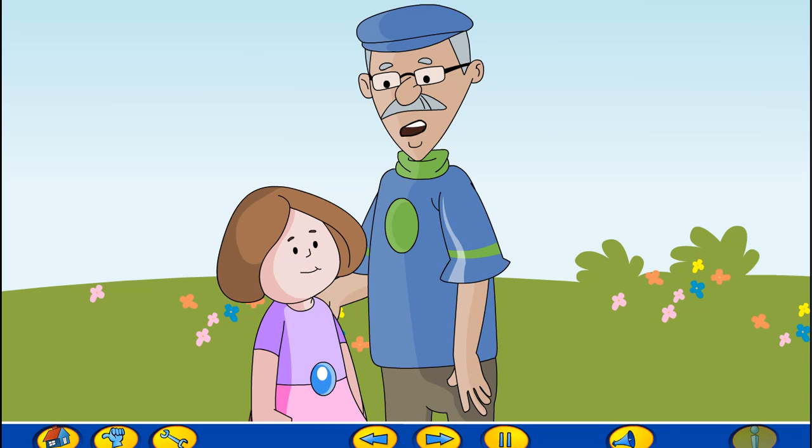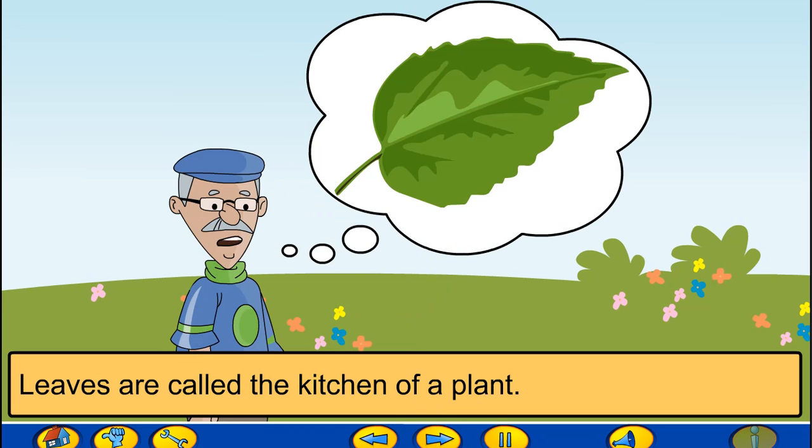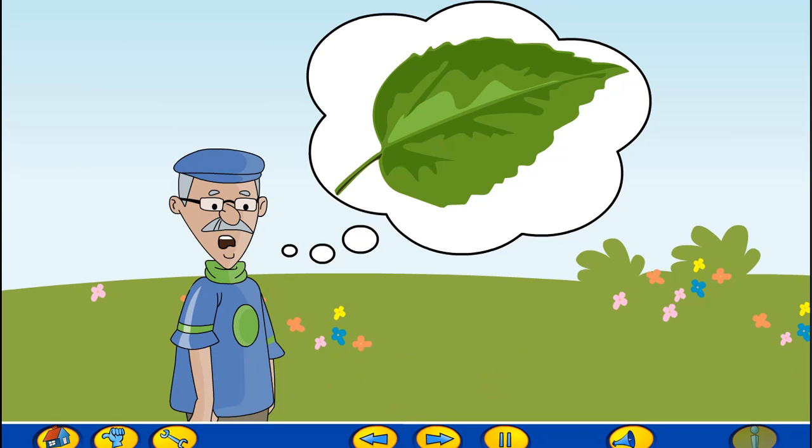Do you know, Kira, plants prepare their own food? How do they do that? The leaves are called the kitchen of the plant because they prepare food for the whole plant. Leaves contain a green substance called chlorophyll.